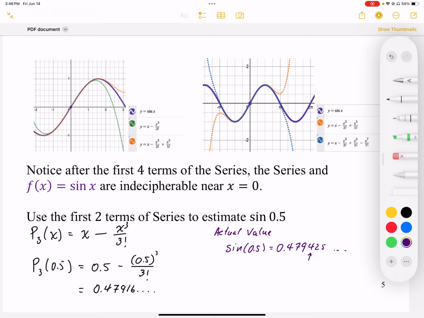The approximation is accurate all the way to the 3rd decimal point. And here we've only used 2 terms of this series, and we can get an approximation that is very close.